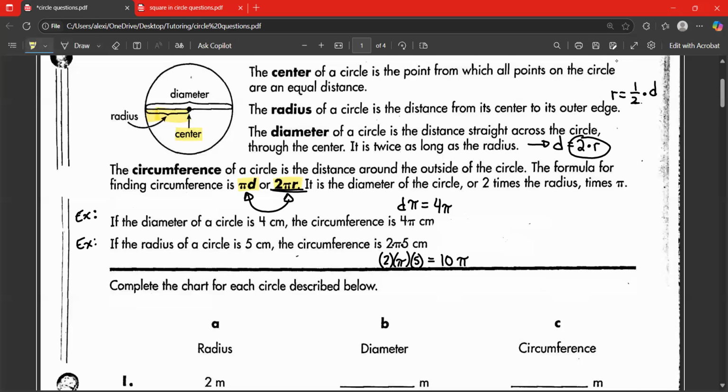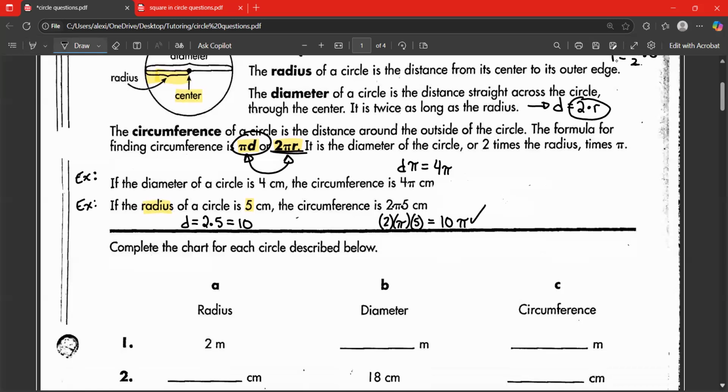Remember, if your radius is 5 centimeters, your diameter is 2 times 5, which is 10. Using pi times diameter, that's 10 times pi. Same answer.